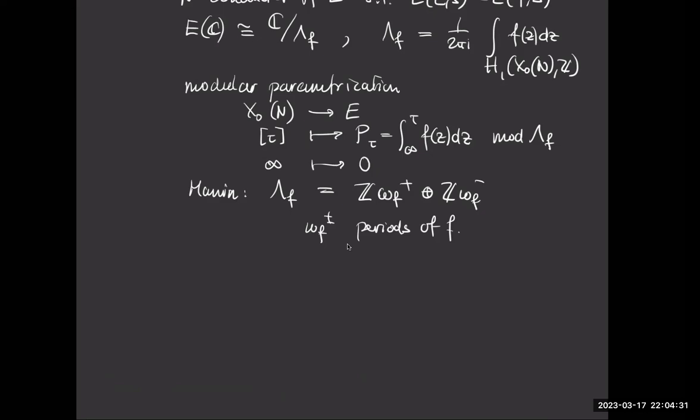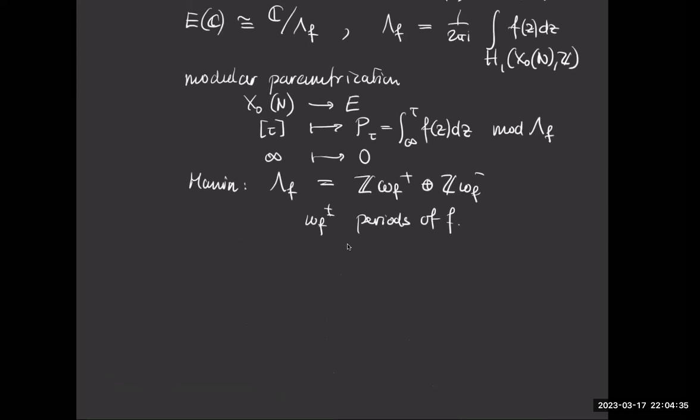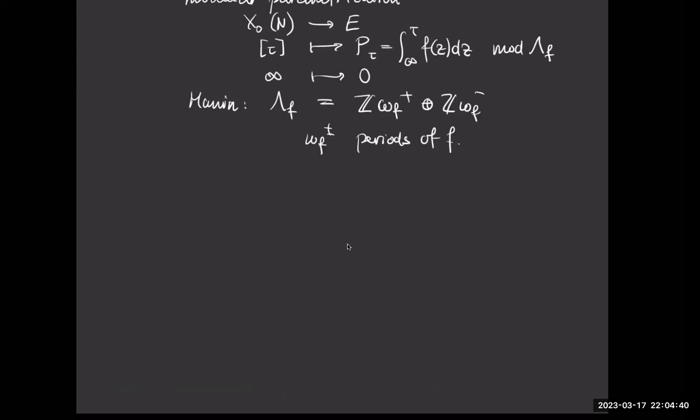Now let's still talk about elliptic curves, and still about gamma 0 N, but let's look at a completely different point of view. Namely, let's look at families.